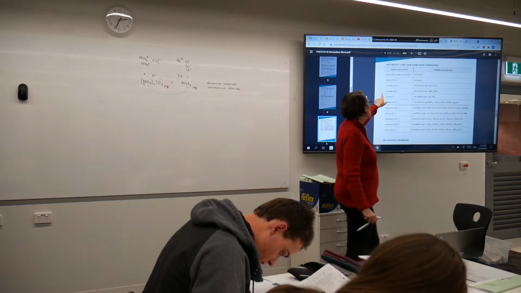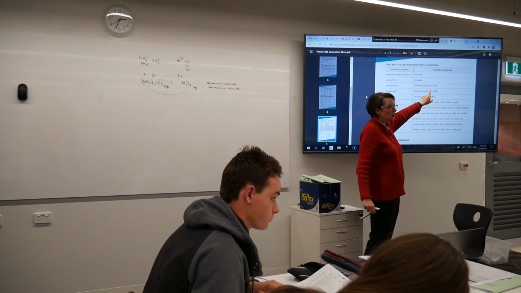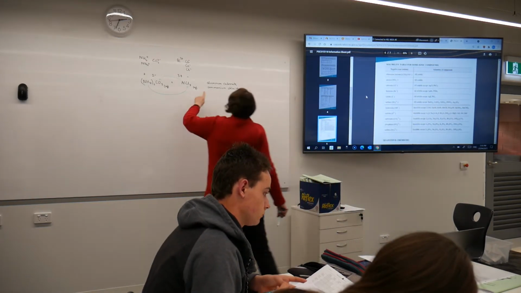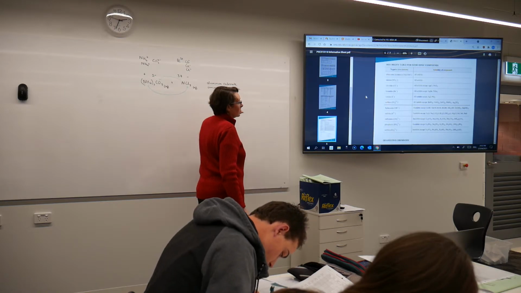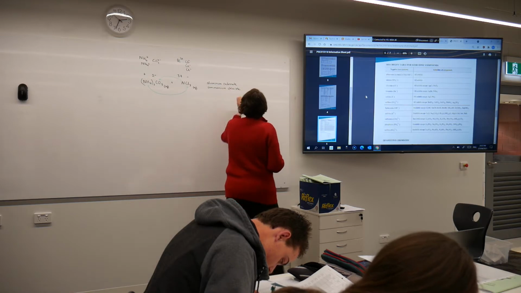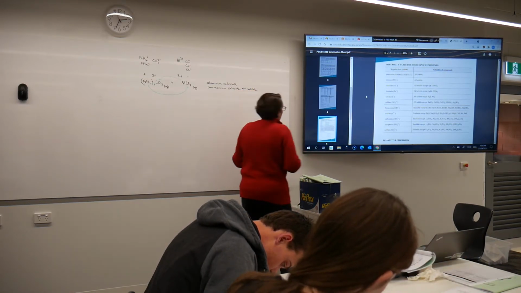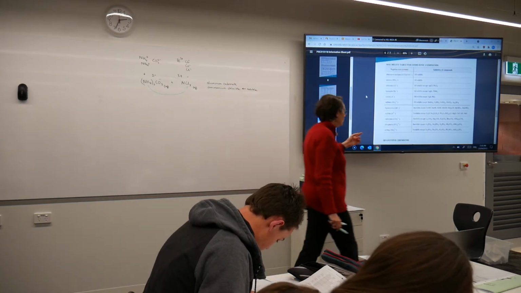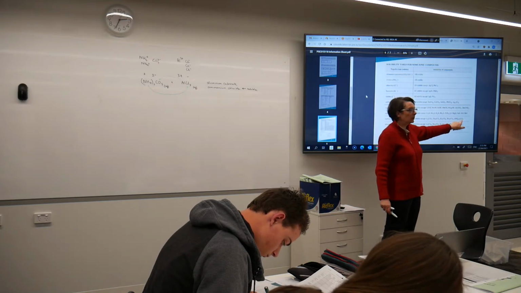Well, I go back to my chlorides and they're all soluble except for silver chloride and lead chloride. That means ammonium chloride must be soluble because it's soluble except for those exceptions. So therefore this is soluble. And then if I look up aluminium carbonate, it says that they are all insoluble except for these ones here.